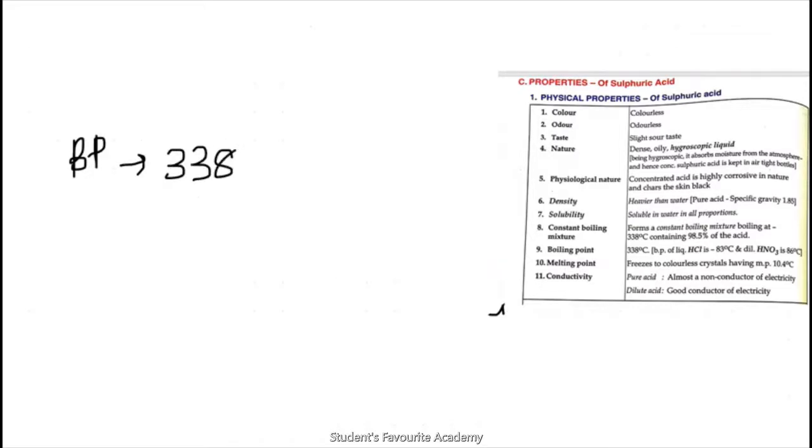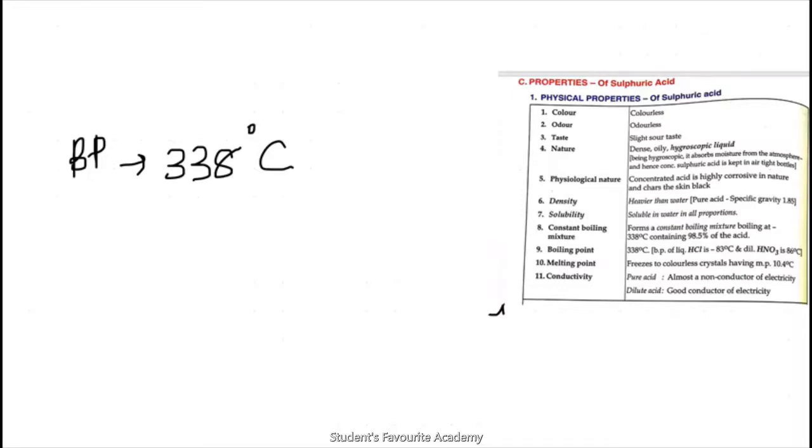Now what else is there, children? The boiling point of liquid HCl is minus 83 degrees Celsius and dilute HNO3 is 86 degrees Celsius. You can see that HCl has a very low boiling point, minus 83 degrees Celsius.